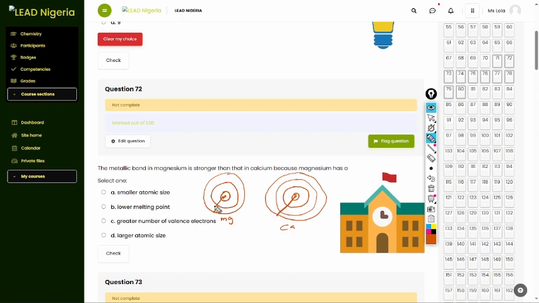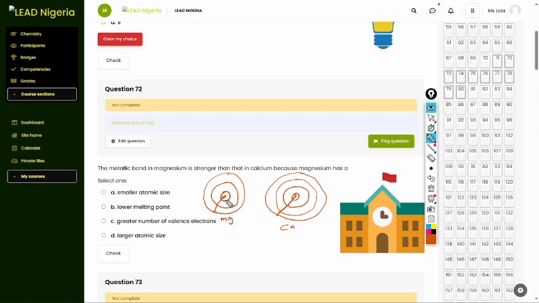Now you'd notice that the atomic radius of magnesium is smaller than that of calcium, and so the attraction between the magnesium valence electrons and the nucleus is stronger than that between the valence electrons in calcium and the nucleus, because for calcium the valence electrons are farther away from the nucleus, so it doesn't have as much of an attraction as magnesium does.